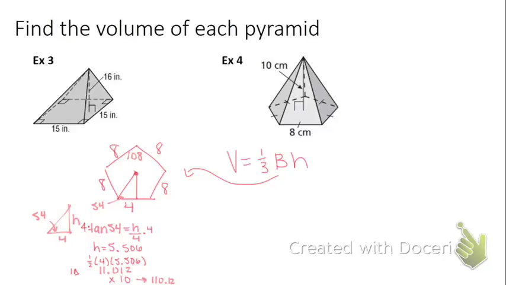So what is this that we just found? The big B, right? The base area. So that's 110.12. Do we have the height of our pyramid? 10, because we're not looking at the slant height. So we do volume equals 1/3 of 110.12 times 10.